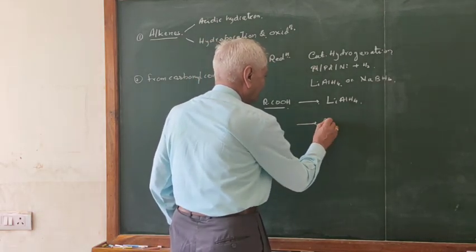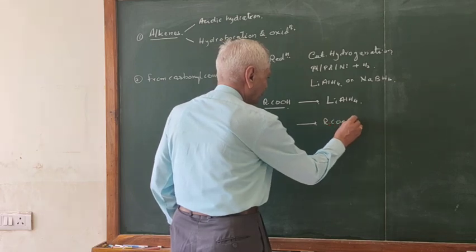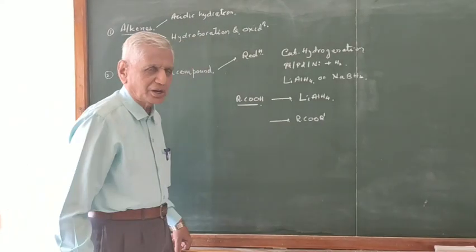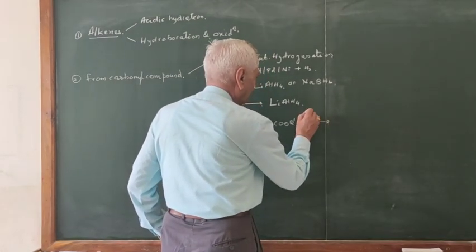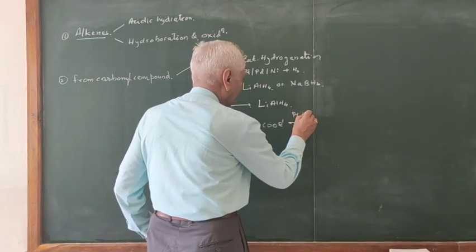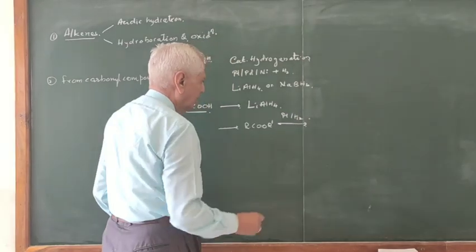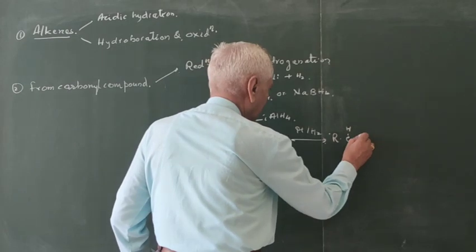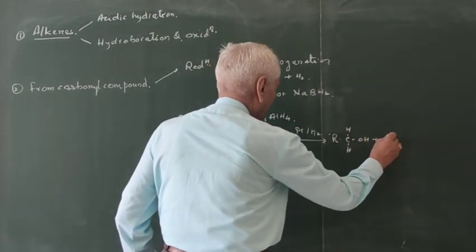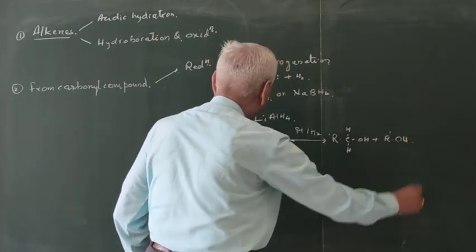RCOOH is converted into ester. And this ester is subjected to catalytic hydrogenation, platinum in place of hydrogen. There you will get RCH2OH plus R dash OH.